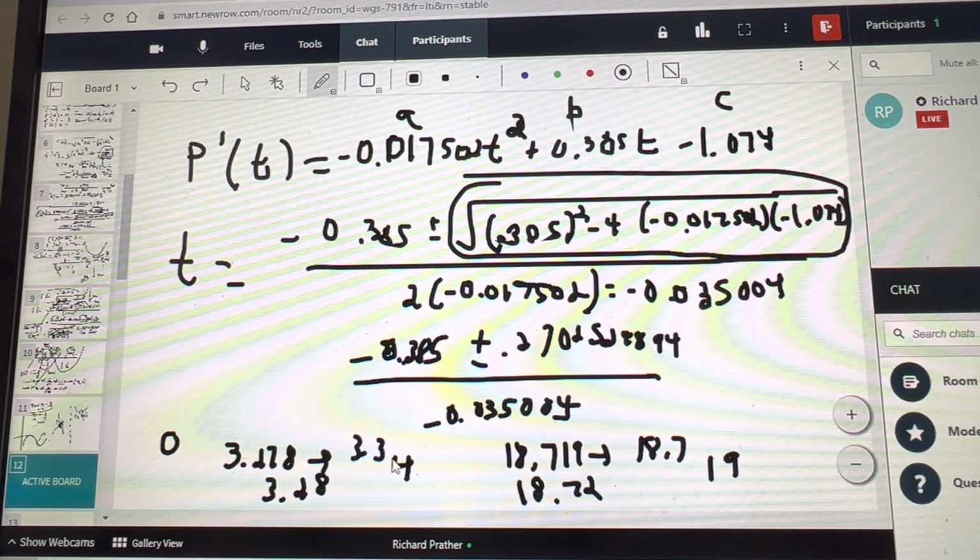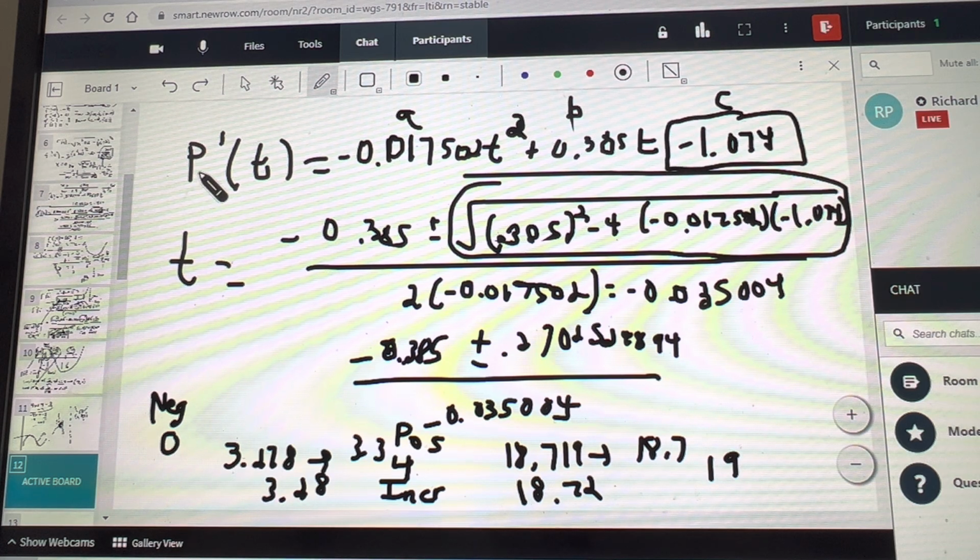So the derivative is positive anywhere between these two critical numbers. So that's an increasing portion of the graph. The middle of the graph is increasing. The 0 part is negative for sure because there's a negative right there. P prime of 0, the t's would all disappear and it's negative. So the graph is decreasing first until I get to 3.28, then it's flat, and then it increases after that.